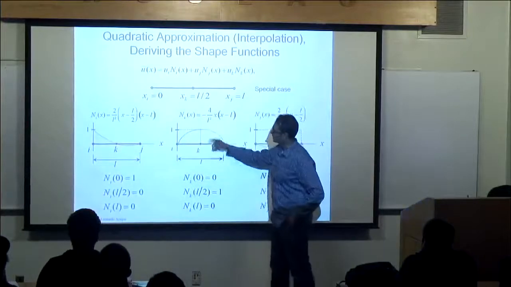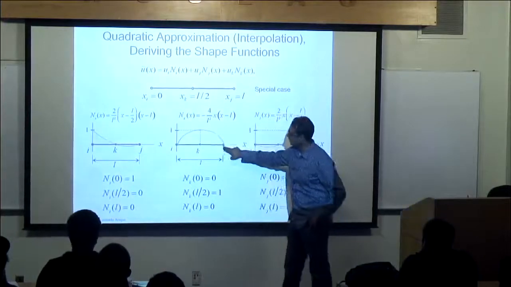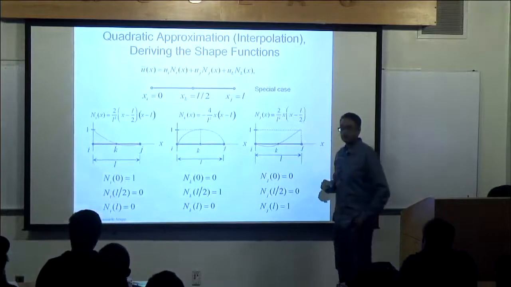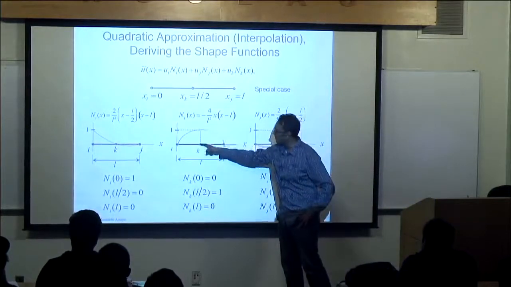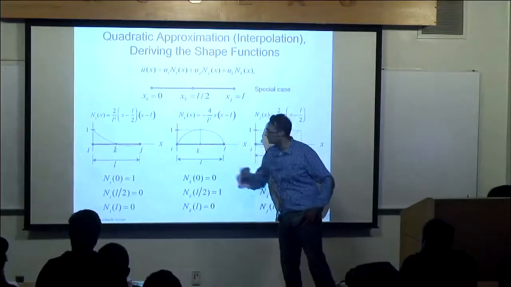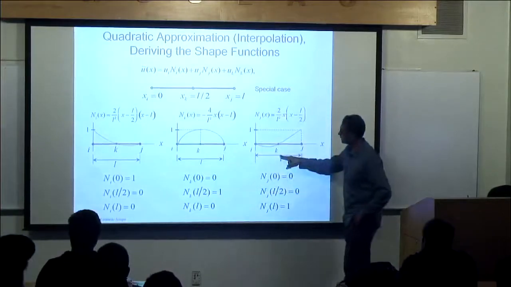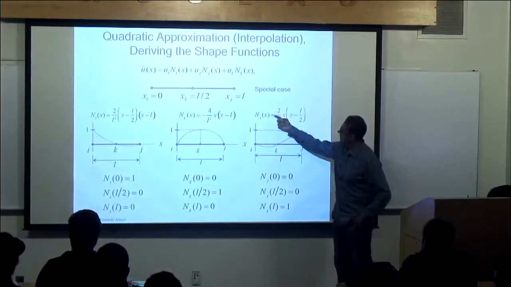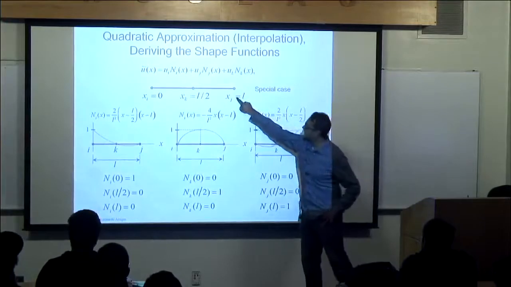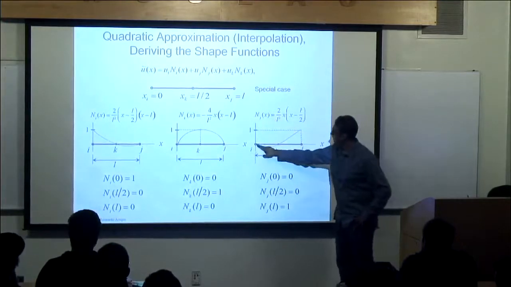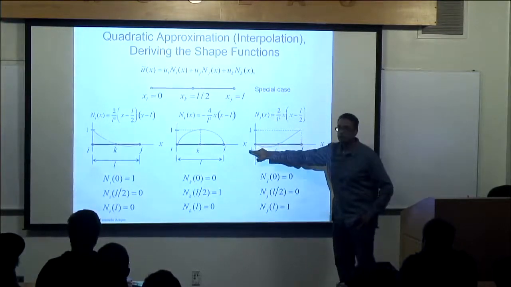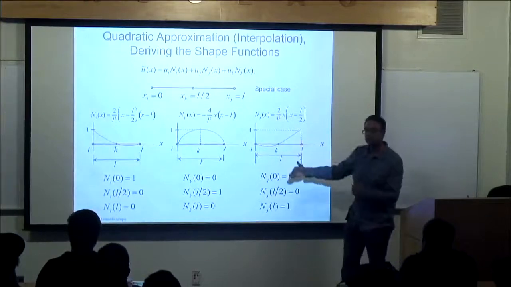And if I take the middle one, it's like a parabola. It is a parabola. And it's maximum here at the center, 1, and then 0, 0 here. And then finally, I have, again, this third one, which goes with this guy here. You can see very quickly how it goes to 1, but it's 0 and 0 there. So with numbers, you can also see that it works out.